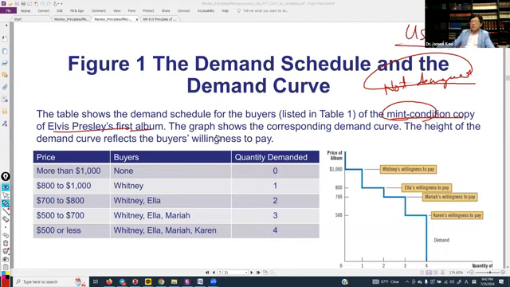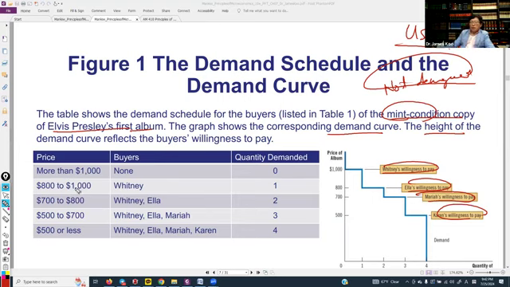The graph shows the corresponding demand curve. The height of the demand curve reflects the buyers' willingness to pay. Here Whitney is willing to pay, Ella, Maria, and Karen. If the price is more than that, the quantity demanded is zero.